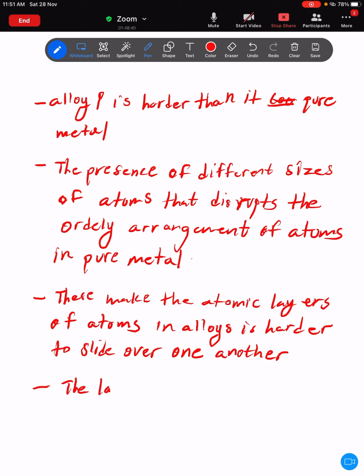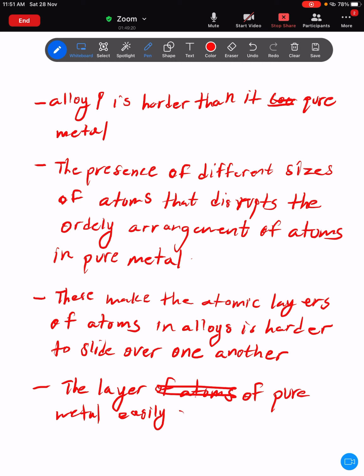The layers of atoms of pure metal easily slide over one another, because the question asks us to compare.